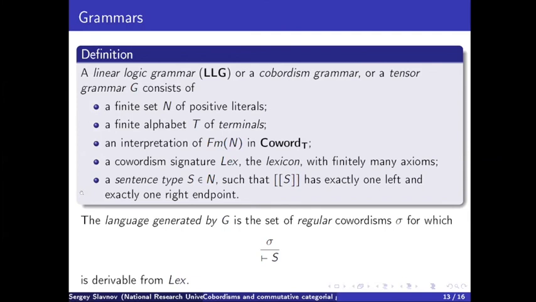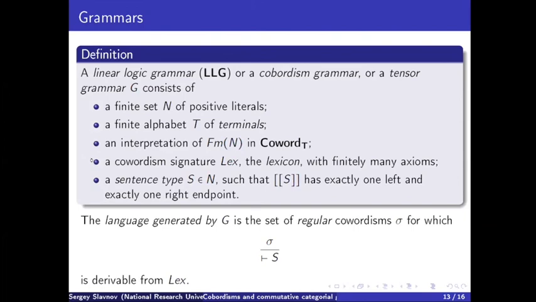Any regular cobordism of type S which we can derive from axioms will consist of a single edge, which will be labeled by some word. So the set of regular cobordisms of type S can be identified with a set of words, which is the language generated by a grammar of this sort.